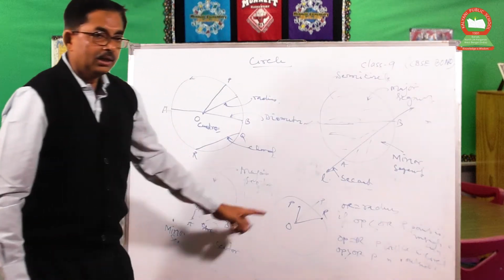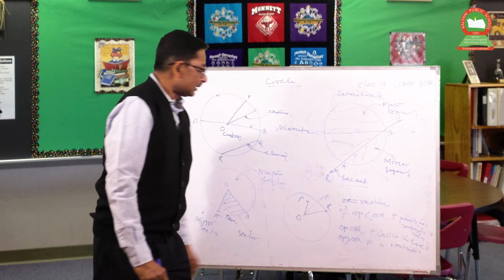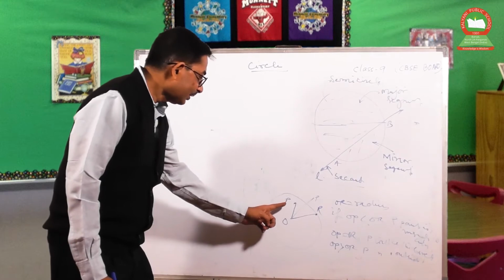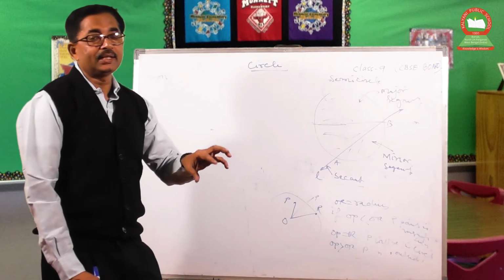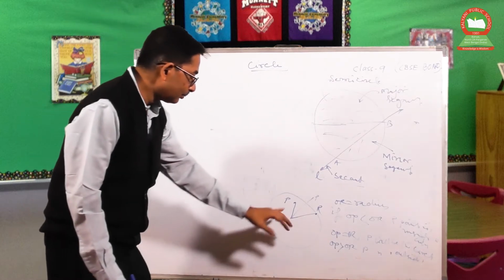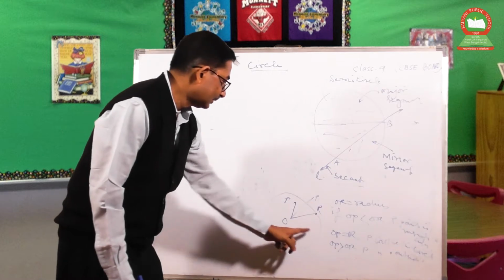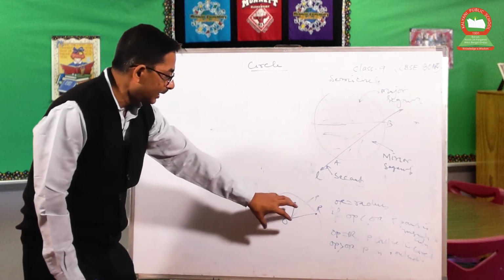So this is the position of any point with respect to the circle. You can understand whether the point is within the circle, on the circle, or outside the circle. If OP is less than OR, the radius, it is inside.